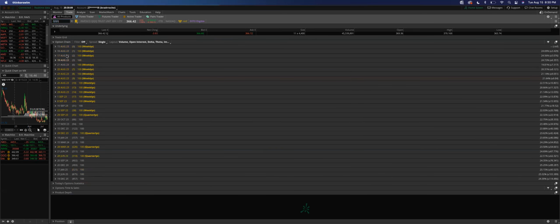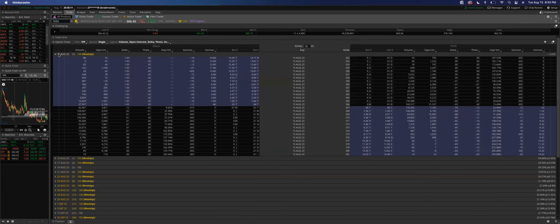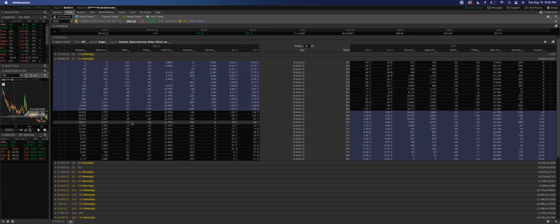A good example, look at this. Contracts that expire tomorrow, this contract right here, it's $146. It's going to lose $144 tomorrow. That is something to think about when you are looking to take a trade.